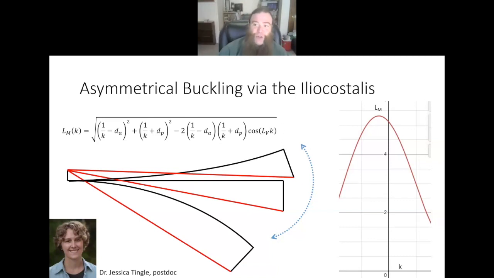Once you get past a certain critical point, then further muscle shortening will cause it to deflect upwards. But if you're starting in a straight position, or nearly so, anywhere on this rightwards down slope, then the muscle will deflect the body downward. So it creates this asymmetrical buckling.